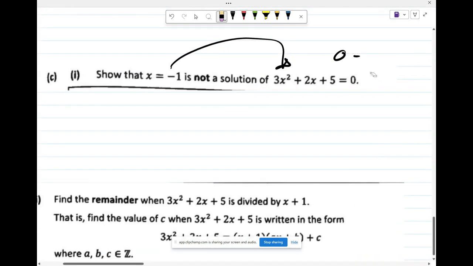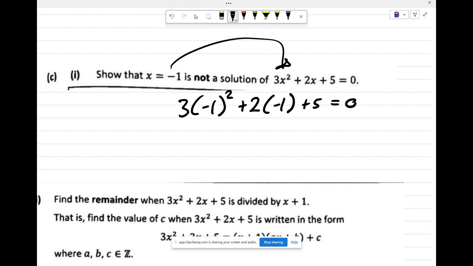If we sub in minus 1, we're going to get 3 times minus 1 squared plus 2 times minus 1 plus 5 is equal to 0. Minus 1 squared is just going to be minus 1 times a minus 1, and a minus times a minus is positive. So that's just going to be 1. So 3 times 1 is 3. 2 times minus 1 is minus 2, plus 5 is equal to 0.